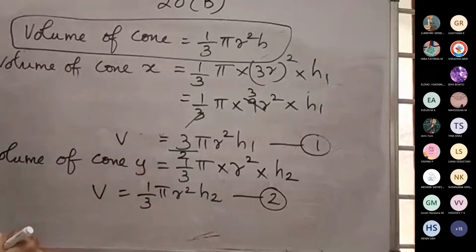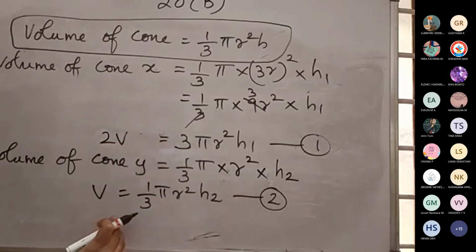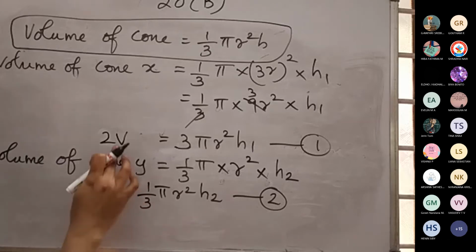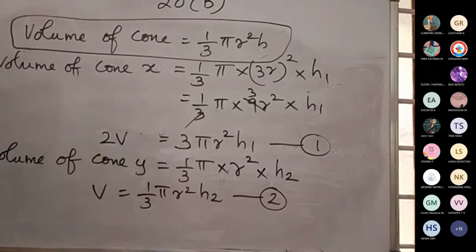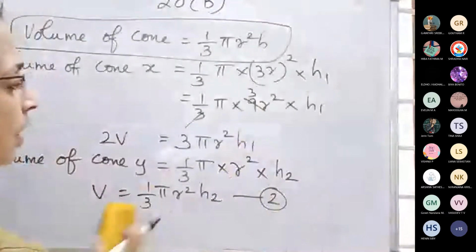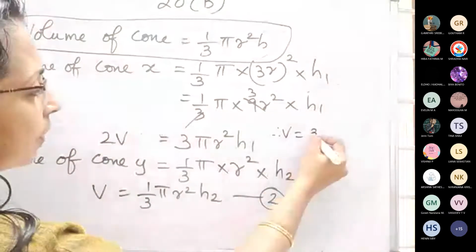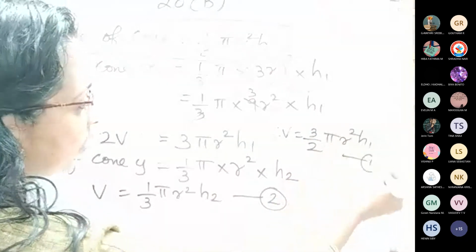Here we have 2V, but in the second equation, we have V. If we want to equate, either left side or right side should be equal. Here 2V, here V. So we can make this 2V as V. Therefore, V is equal to 3 by 2 pi R square H1. Make it as equation number 1.